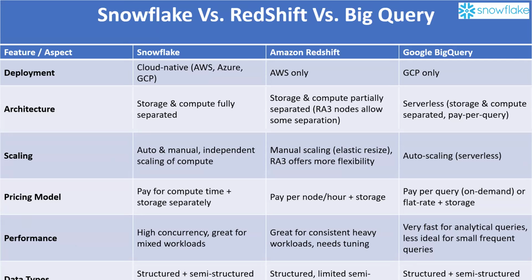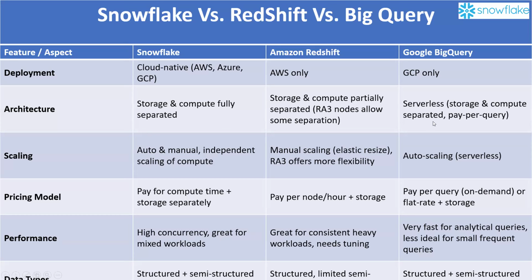You cannot provision your Google BigQuery on Amazon, right? But in Snowflake, you can provision your Snowflake account in any of the clouds. So it is made cloud native. And the architecture, we will talk about in the coming slide, and I will let you know how the storage and compute work separately.